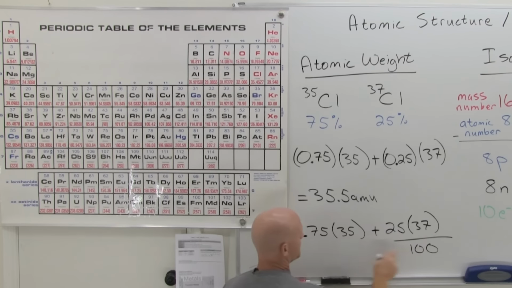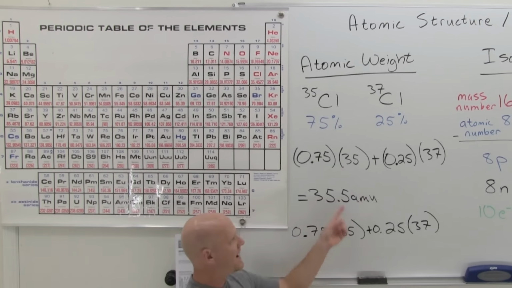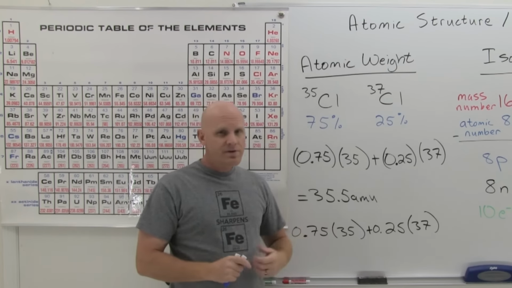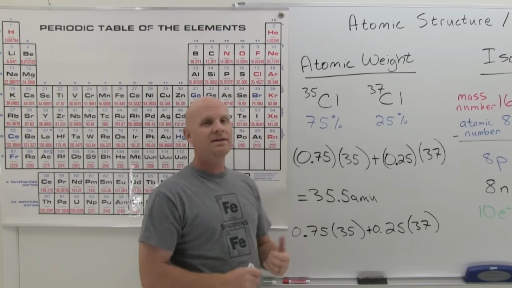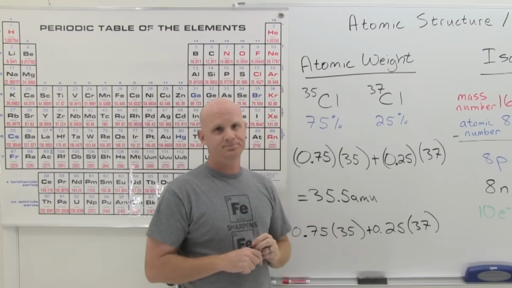And 25 divided by 100 is 0.25. And we get exactly the same formula we just had a second ago. Cool, and again, this is a process you're probably going to have to know for your exam, so you're going to want to get good at calculating these atomic weights being provided with these relative abundances.